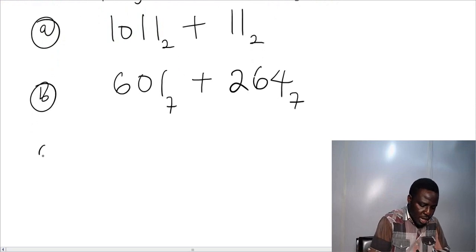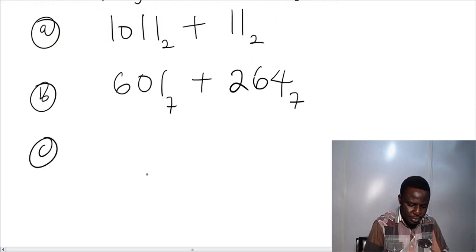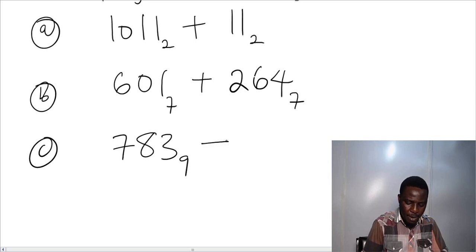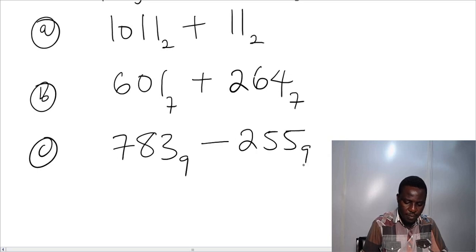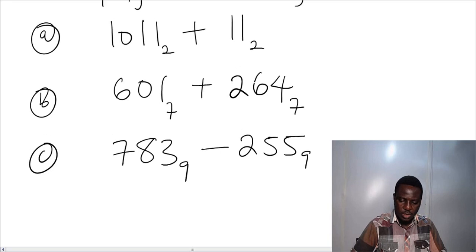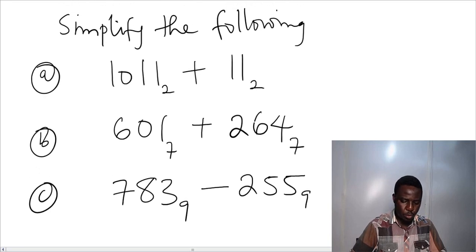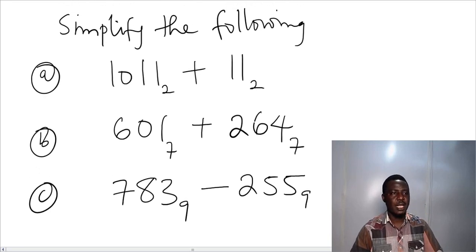And C: 783 base 9 minus 255 base 9. So I hope you should be able to do this in preparation for our next class.